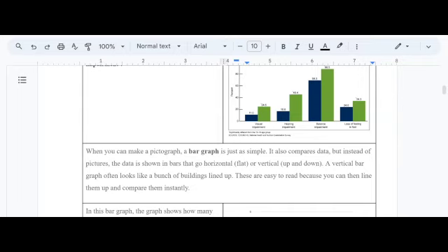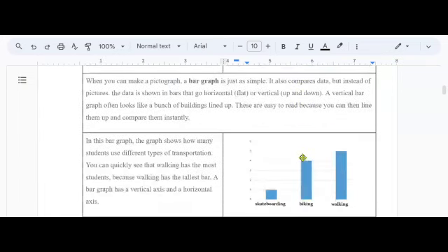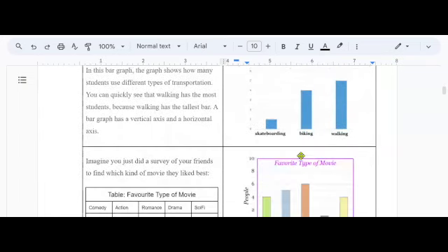These are easy to read because you can line them up and compare them instantly, as you can see here. In this bar graph, the graph shows how many students use different types of transportation. You can quickly see that walking has the most students because walking has the tallest bar. A bar graph has a vertical axis and a horizontal axis.